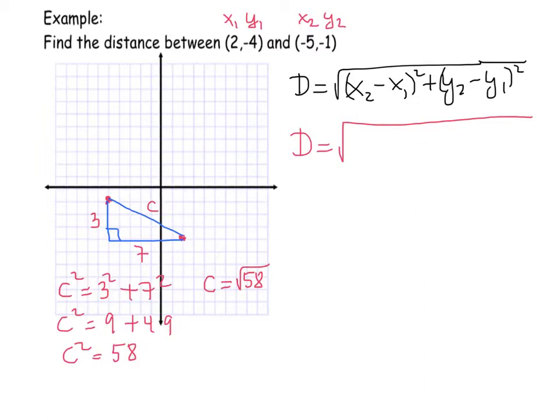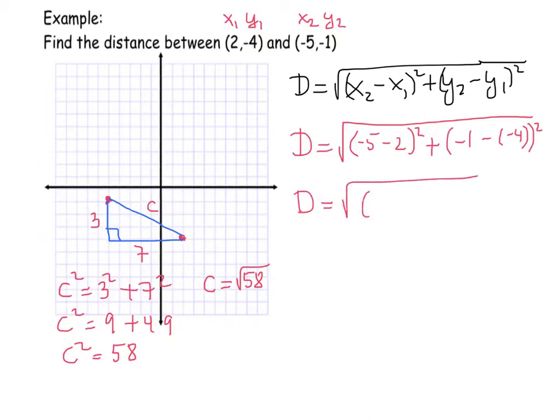The distance equals the square root of -5 minus 2 squared plus -1 minus -4 squared. So the distance will equal the square root of -7 squared plus 3 squared.